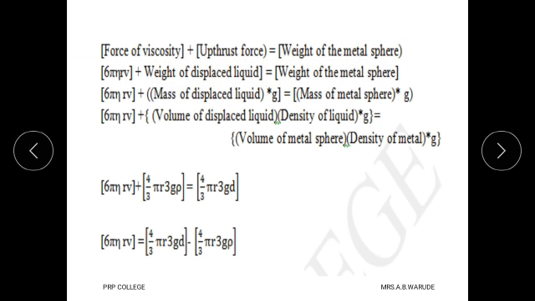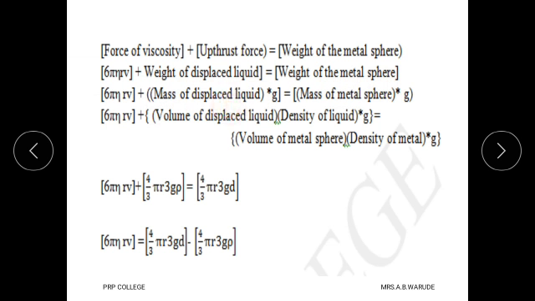According to Stokes law, the force of viscosity equals 6 pi eta r v, plus the upthrust force, which equals the weight of the displaced liquid by Archimedes principle, and it equals the weight of the metal sphere. Then in the next step, 6 pi eta r v as it is, plus the weight of the displaced liquid. We know the formula W equals m into g, and therefore we write the mass of the displaced liquid into gravity.